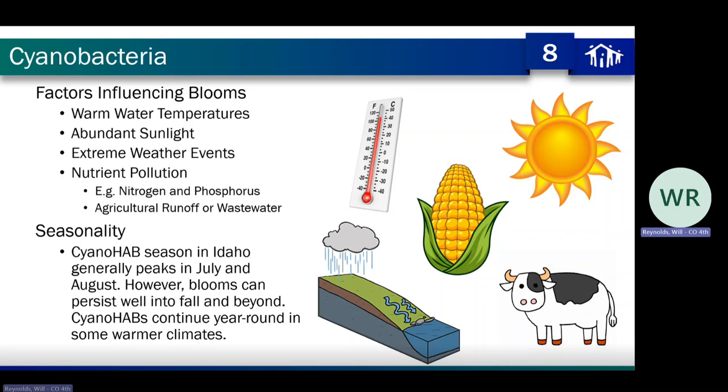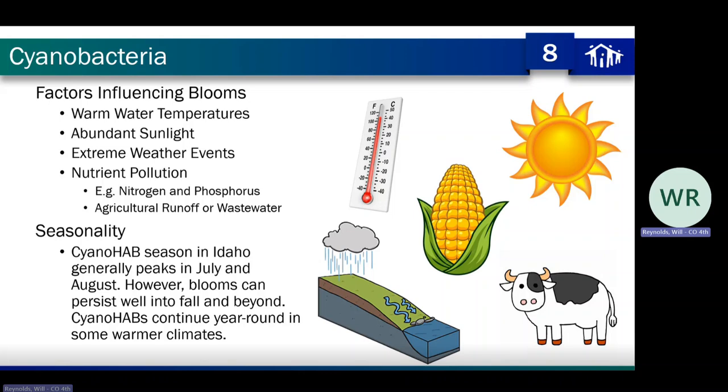Extreme weather events might contribute to land runoff of nutrients associated with agriculture, dairy operations, industrial effluents, things of that nature. And then, of course, nutrient pollution, nitrogen and phosphorus. These are really the primary nutrients in terms of runoff that cause excesses in blooms and increases in their likelihood.